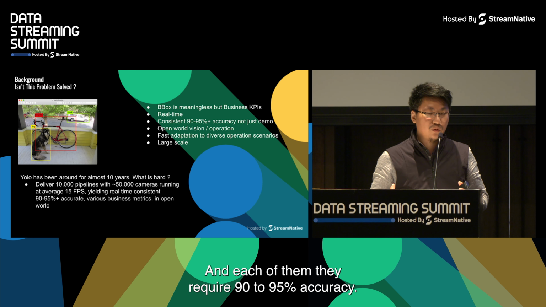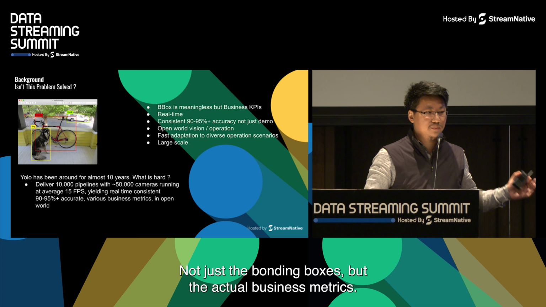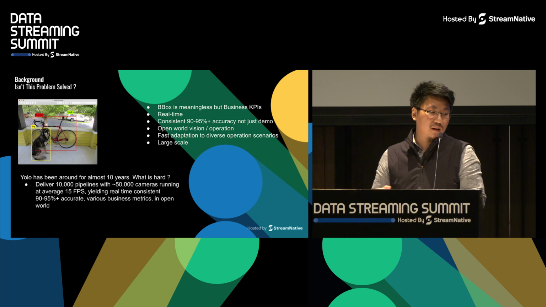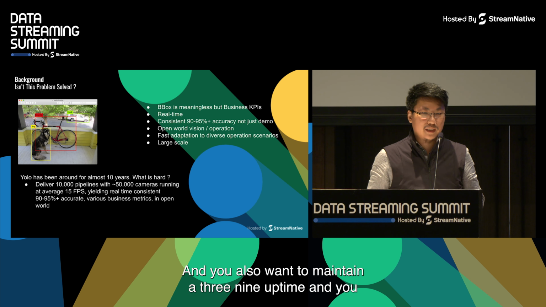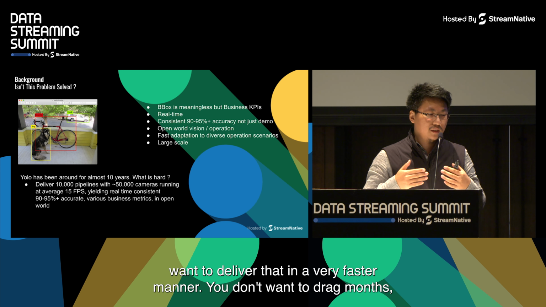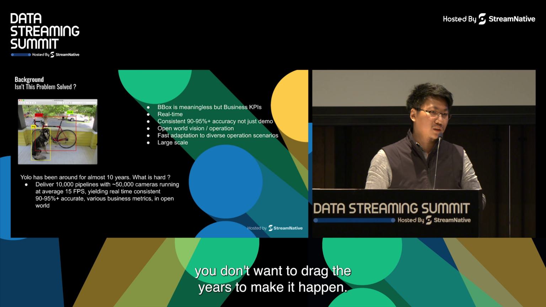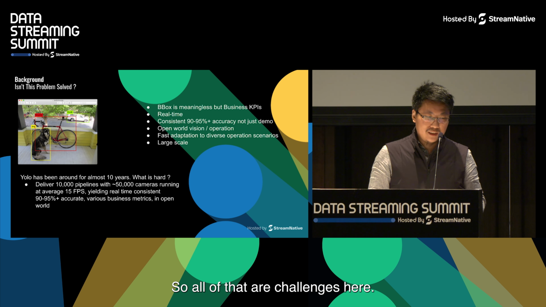Each of them requires 90 to 95% accuracy, not just for the bounding boxes but for the actual business metrics. You also want to maintain 3-9 uptime, and deliver in a very fast manner. You don't want to drag on for months or years to make it happen. All of that is challenging.